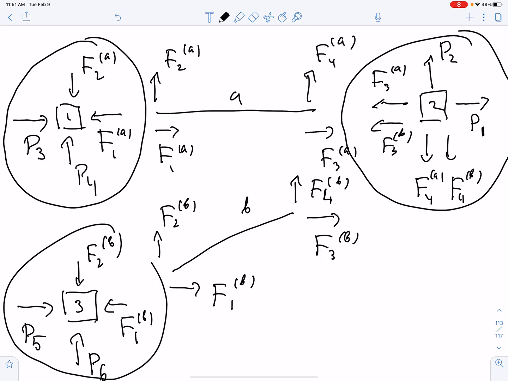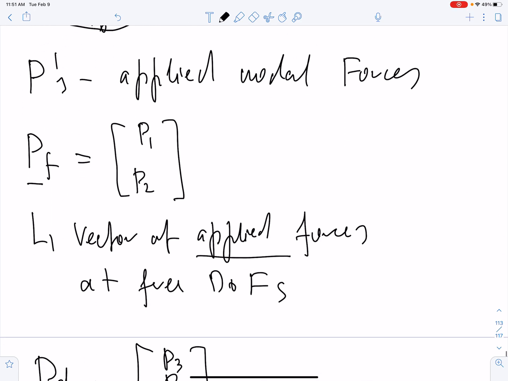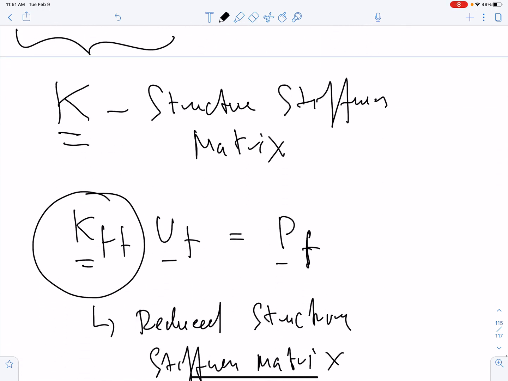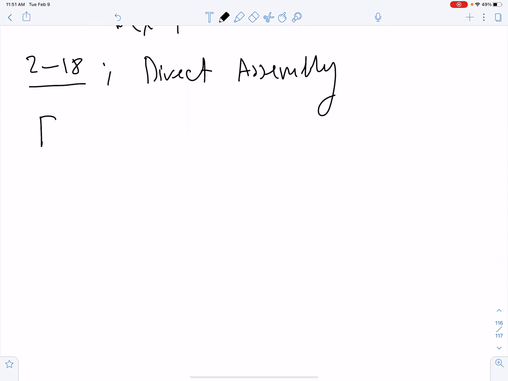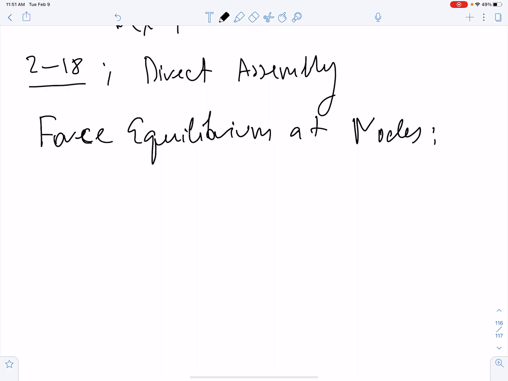And what I'm going to do is write the force equilibrium at nodes.